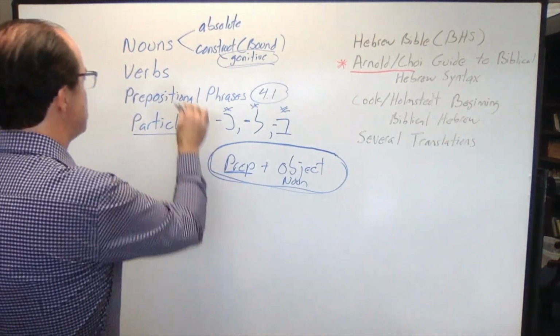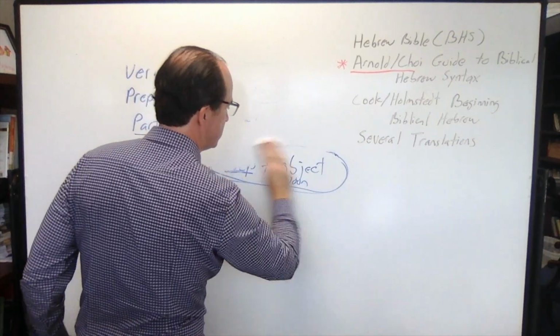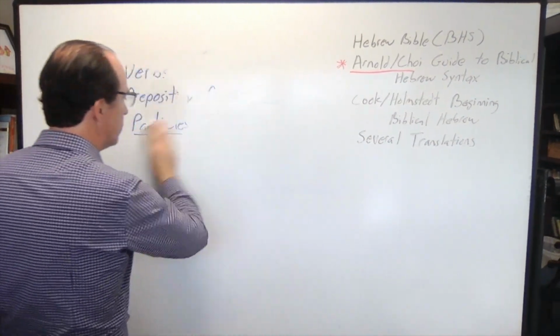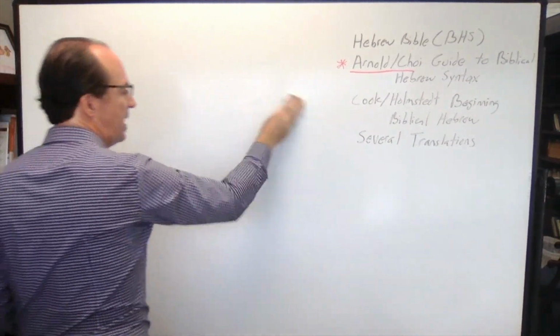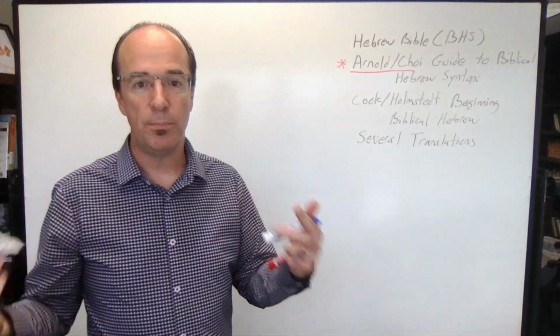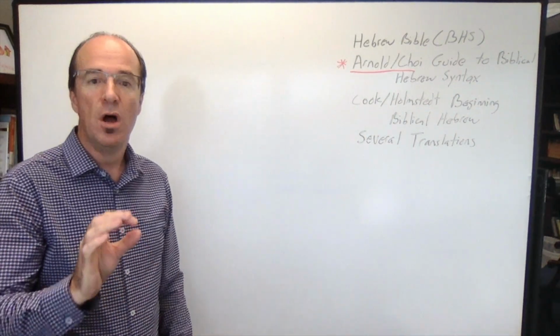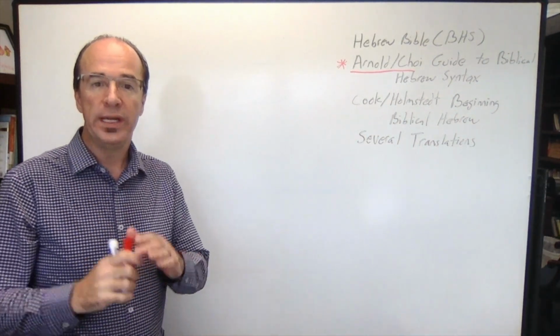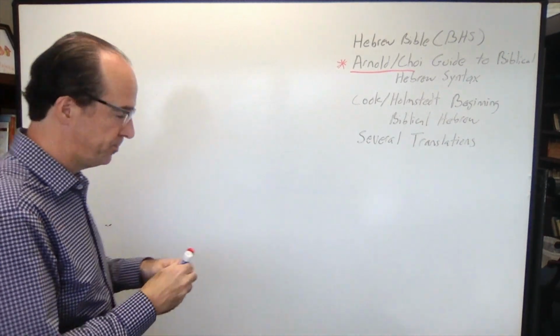Now, let me erase this and go to the most complicated part of the grammatical analysis, which is going to be verbs. I know, just from the fact that you've had OT 501, and that was sort of a blitz through the grammar, that this can be a difficult piece. When we analyze verbs, we need to look at verbs in essentially two ways.